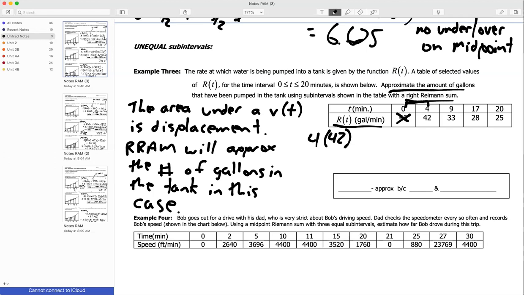And so now I'm going to do the second rectangle. The second one goes from 4 to 9. So I have a width of 5, and my height in this case would be 33. My next rectangle goes from 9 to 17.